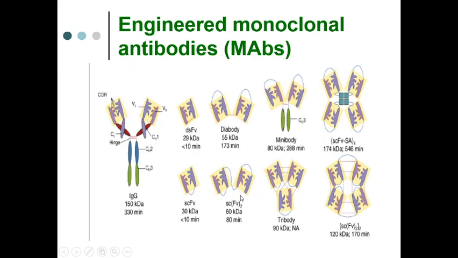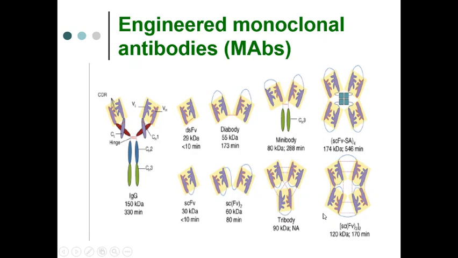Here, once again, some other modified molecules are shown at the bottom side, which is called a triabody. The triabody has three different FAB sites or fragments of variable regions, and the tetrabody has four fragments of variable regions, linked together by peptide chains, each of them specific for different antigens on the tumor cells.